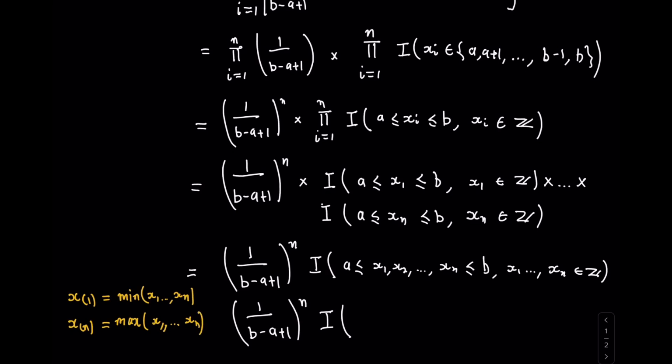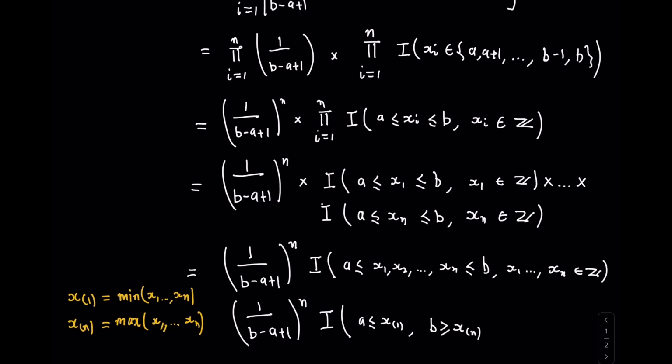So in this case, if all of the values of x1 through to xn are between a and b, this effectively means that the lowest statistic, x subscript 1, has to be greater than or equal to a, and the highest statistic has to be less than or equal to b.